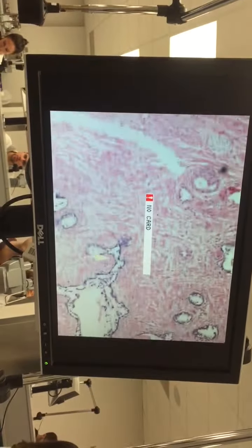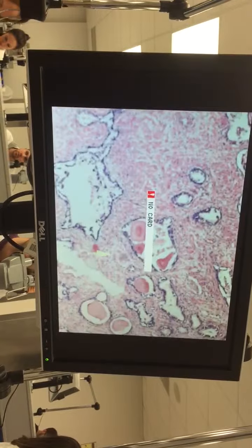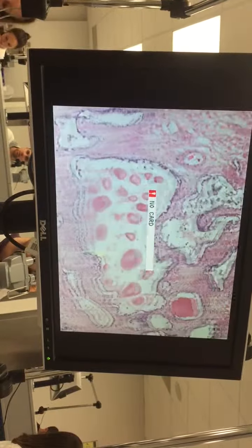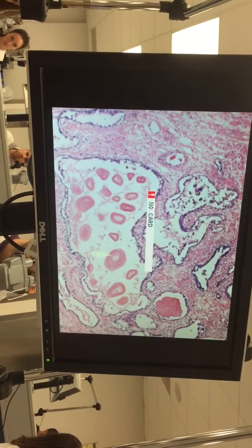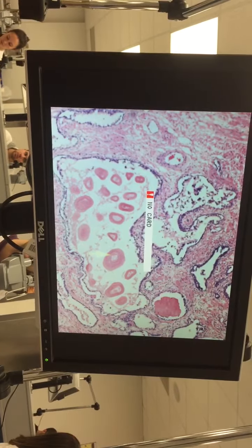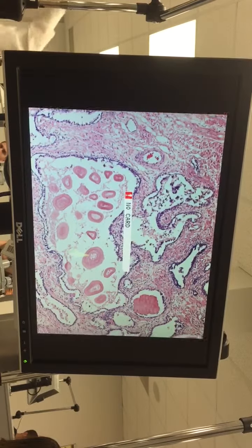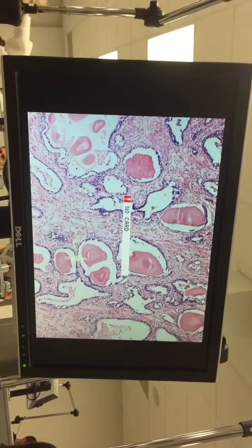the epithelium on most of these slides is not quite as well preserved as one would hope, but we can certainly tell right off the bat that this is prostate because those are the prostatic concretions, the corpora amylacea. And they tend to have this kind of layered appearance. So we have a number of those in this individual.